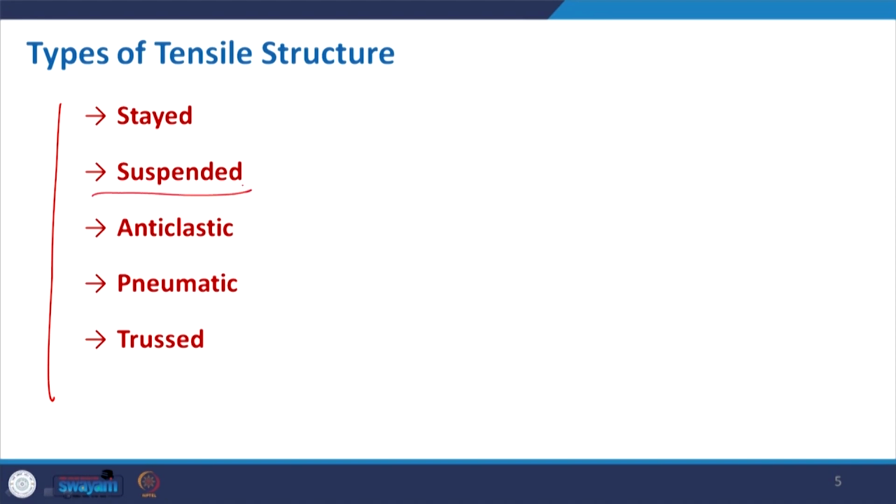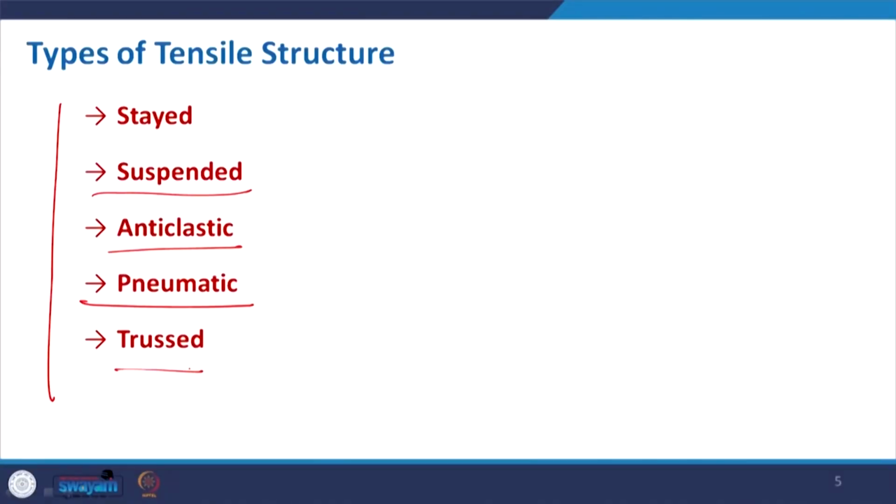Then there is a category called anticlastic, a term we need to understand very clearly. Anticlastic is a structure made of curvature, but with two curvatures acting in opposite directions.